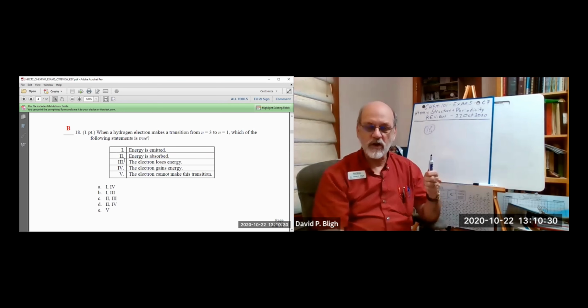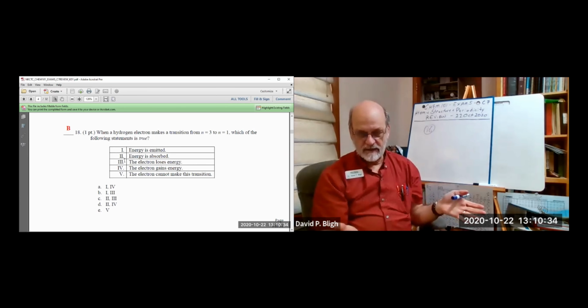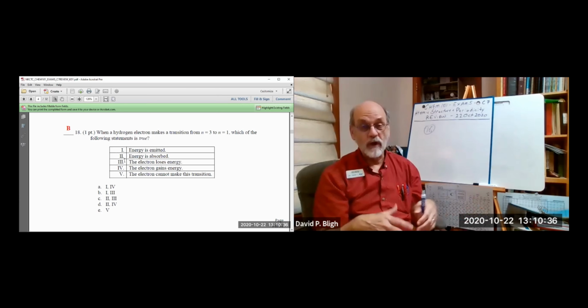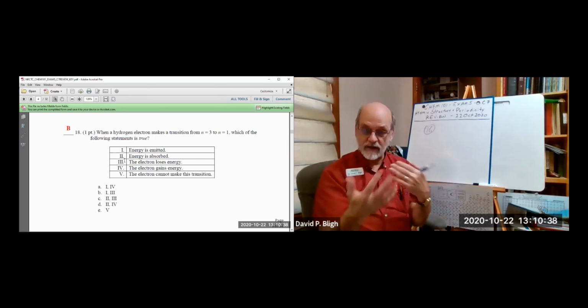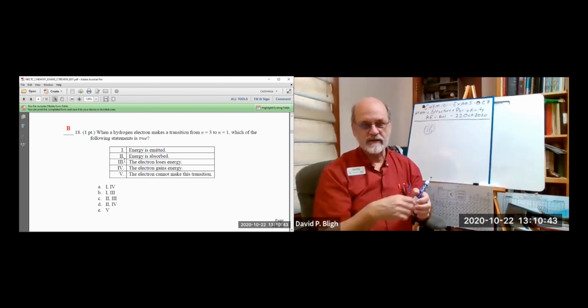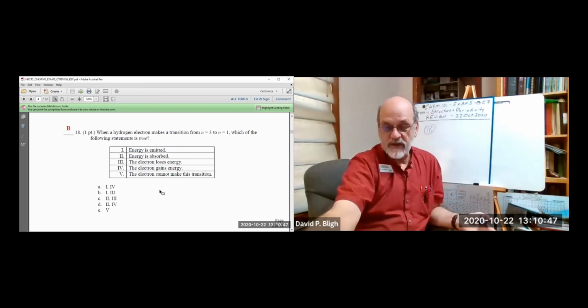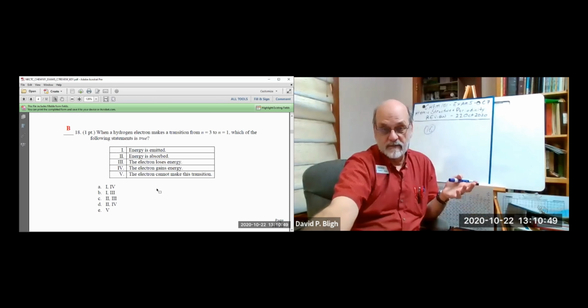As long as the electron goes from one allowable energy level to another, it can do that. Whether it does depends on the energy transition: does it absorb energy, or release energy in the process? If that happens, then that transition is perfectly legitimate. So 1 and 3 are true, which means B.